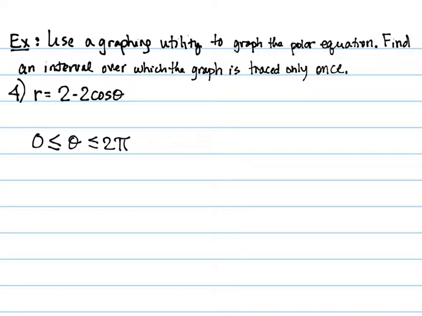And again, hit graph, but as you hit the graph button, I want you to watch how the scrolling happens while the graph happens. So the graph will look like it stops graphing, but the scrolling up in the top right-hand corner continues to go. That's how you know that it's too big, right? It's tracing over itself a second time. Okay, so you can change it back to 2 pi if you'd like.